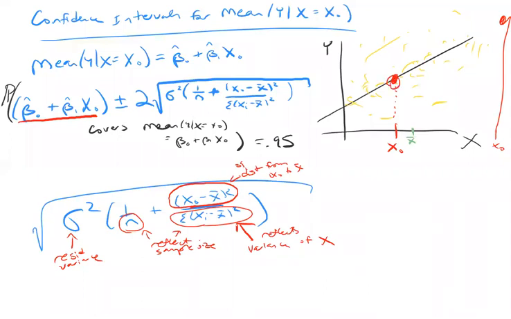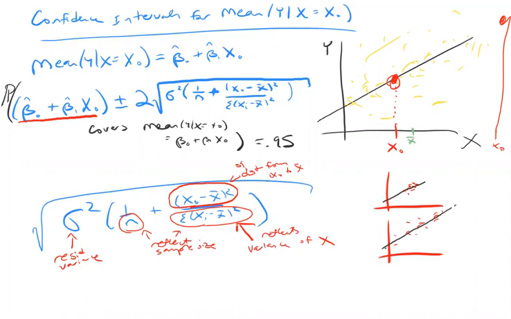So let's look at a couple examples of that. So here's a case where the x values don't have a big range, and here's a case where the x values do have a big range, okay? It might actually be true that the slope is the same in both those cases. These might be two samples from the same true line. But here, I have a pretty good sense of that slope.